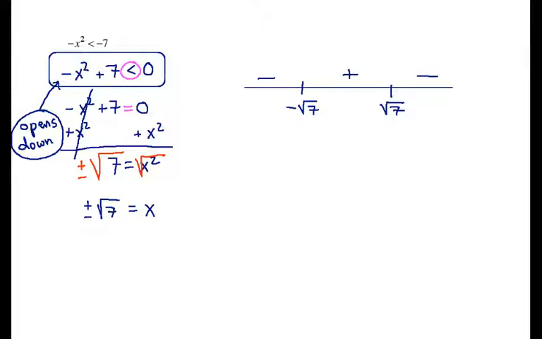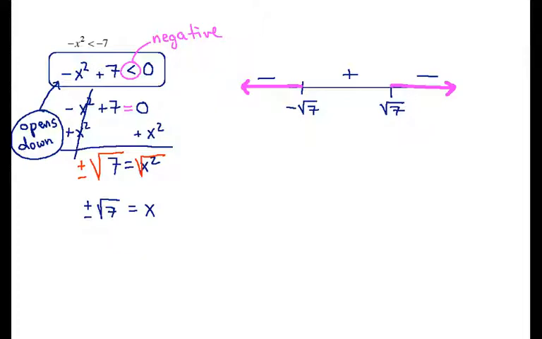Now, from the fact that it's less than 0, that tells me that the numbers I want are negative. So I'm going to choose solution regions in which the whole polynomial is negative. It looks like I have these outer two regions here.